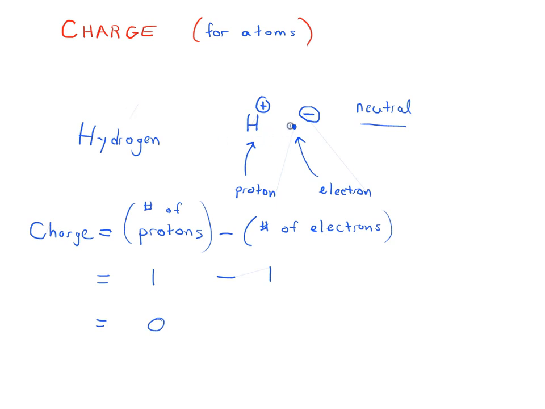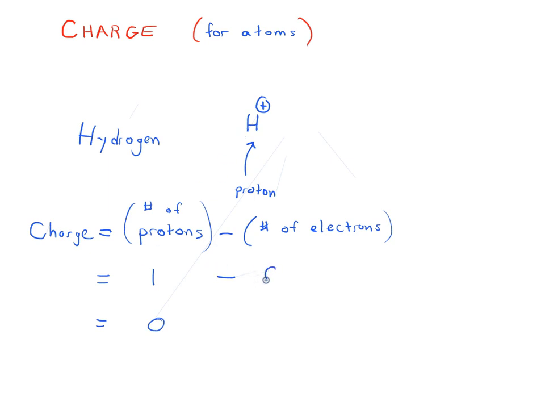Now imagine that we took hydrogen and we removed the electron. We've ionized the hydrogen atom, so it's lost an electron. In this case, we'd simply have a proton, or H+. If we had to do the calculation for this, we would have one proton, so that would be 1.